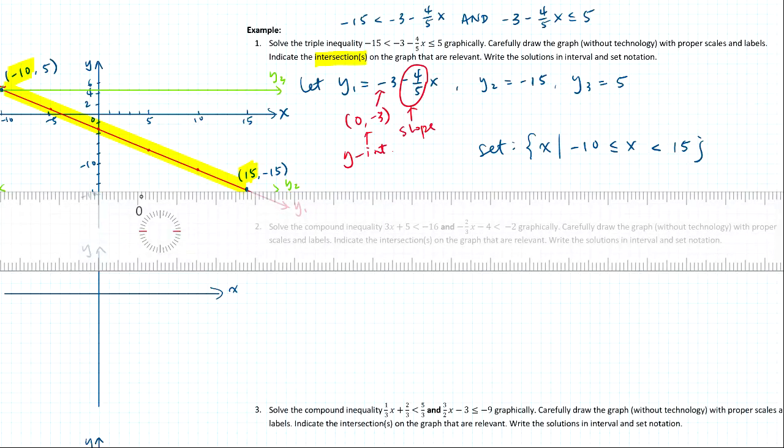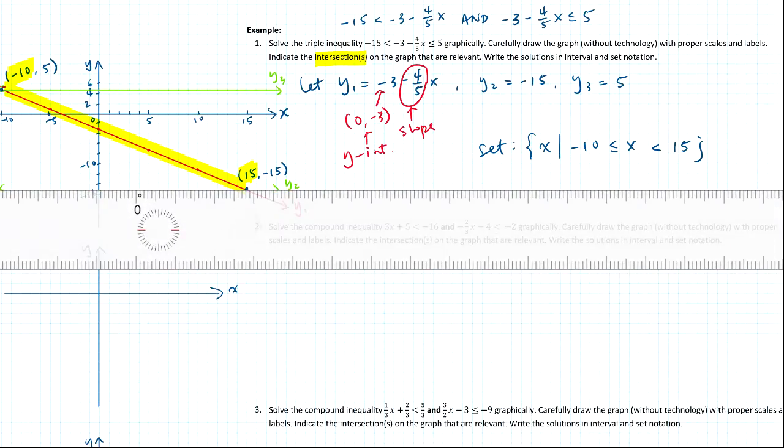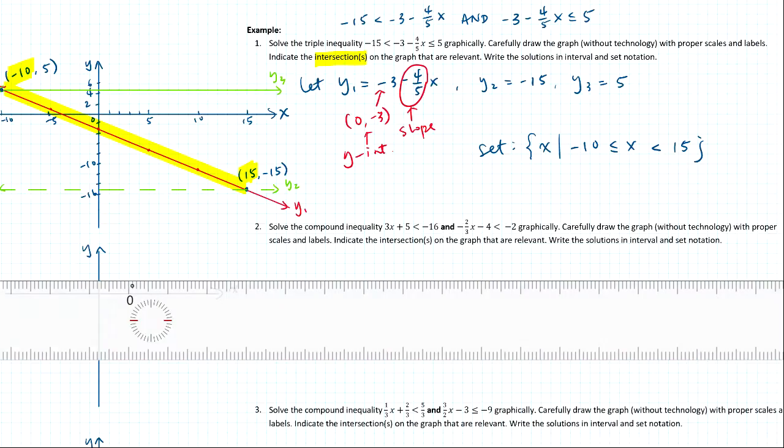That's another reminder that whichever is indicated by that part of the restriction is going to be excluded in terms of the endpoint. And similarly for interval notation for the solution, we're going from negative 10 inclusive all the way to 15, excluding 15 over here.